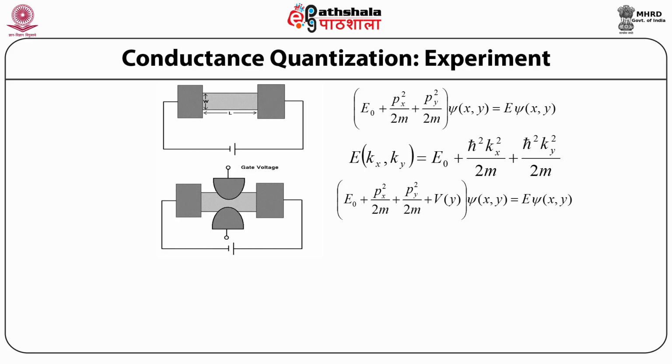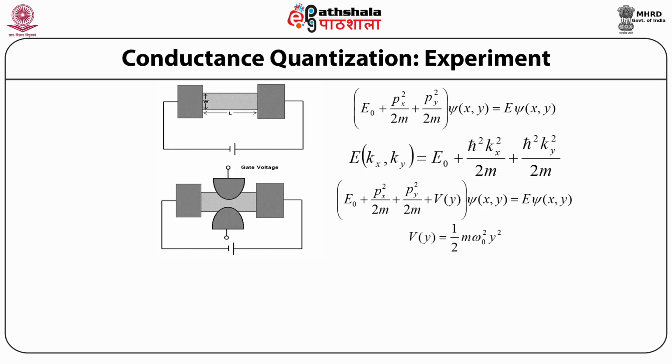Now, in the presence of gate bias, the Schrödinger equation takes the form where we add one extra term, that is V(y), where V(y) is equal to half m omega naught square y square.